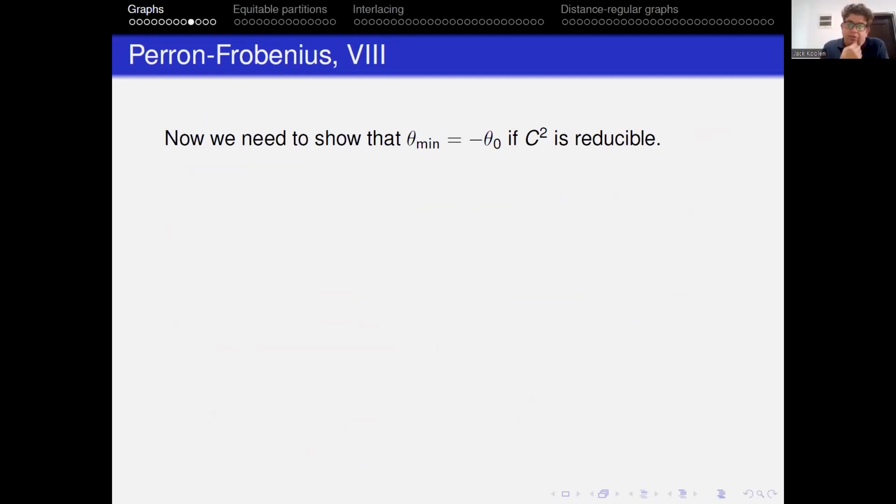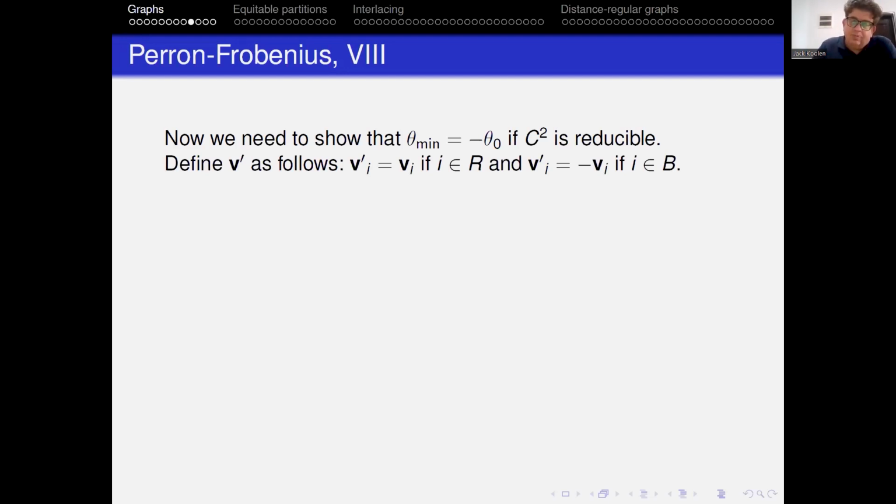So now we will show that if C squared is reducible, then theta min is minus theta 0. This is what we did before. We know that the graph T is bipartite, so we have the red and the blue vertices. We did this trick already before, and now it still works.